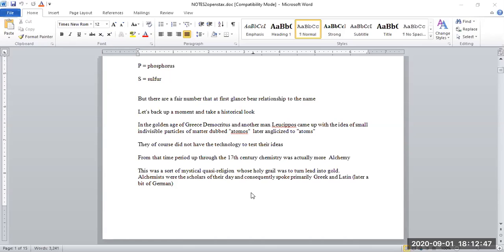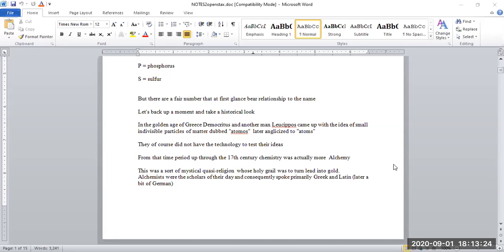Well, if we drop the second O, we actually get to see that it is essentially the word atom. So this is where they came up with the whole atom idea to start with. But of course, they were seriously stuck. We've got this brilliant idea and no way to prove it. So let's jump ahead about 2,000 years. 17th century, so 1600s.